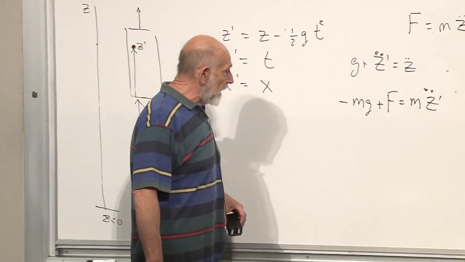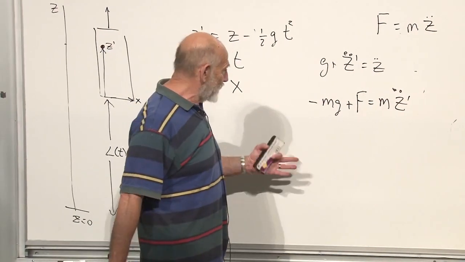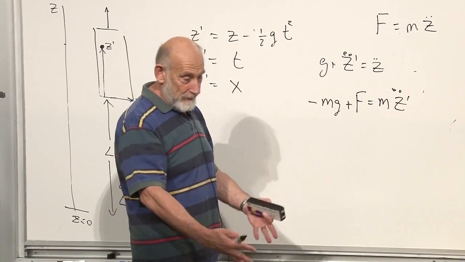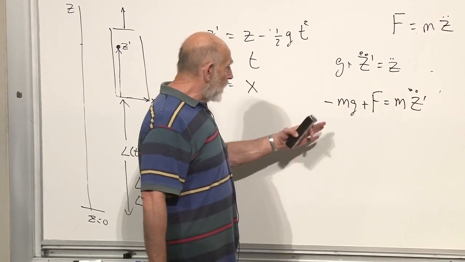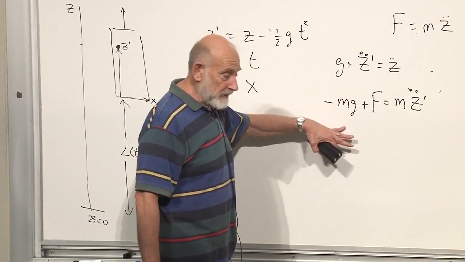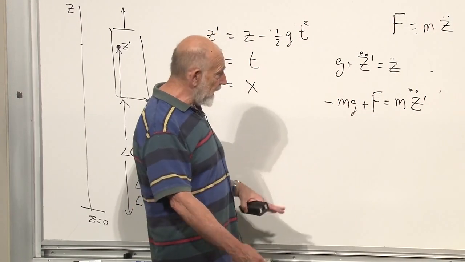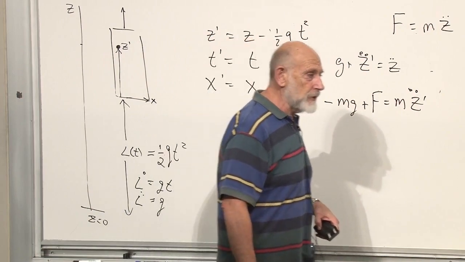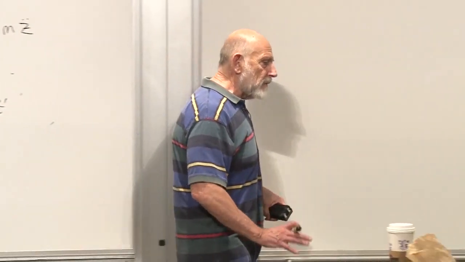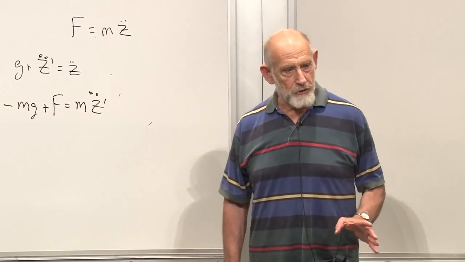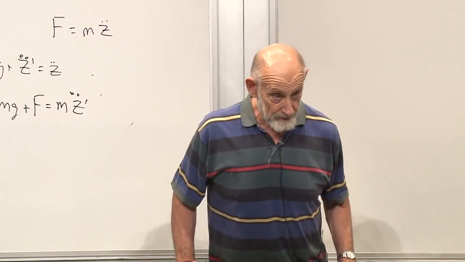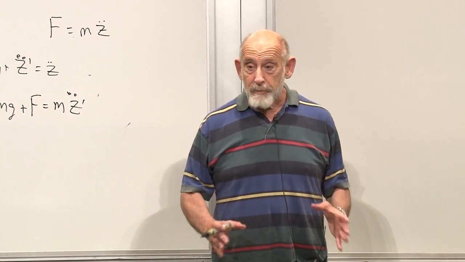Now, what's interesting about it is it looks exactly like the force law of a particle at the surface of the Earth or at the surface of any kind of gravitating system, a uniform gravitational field. Let me spell out in what sense it looks like gravity. The special feature of gravity is that gravitational forces are proportional to mass. That has a deep implication.